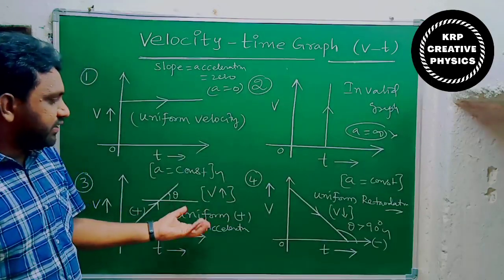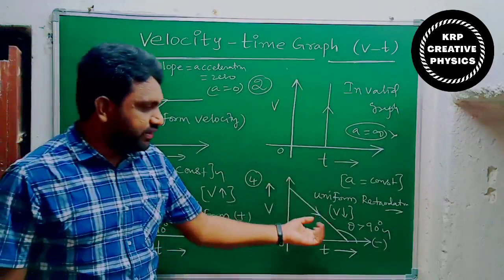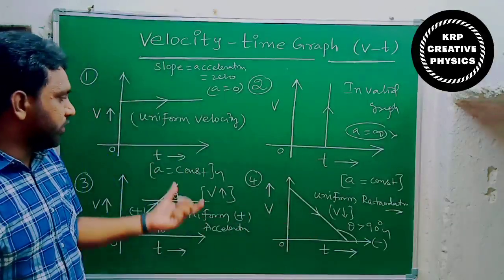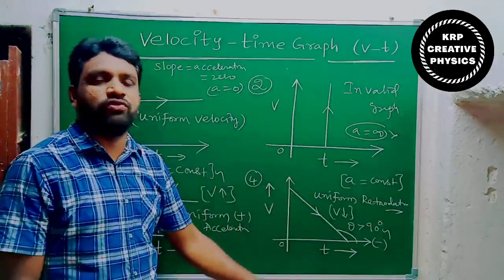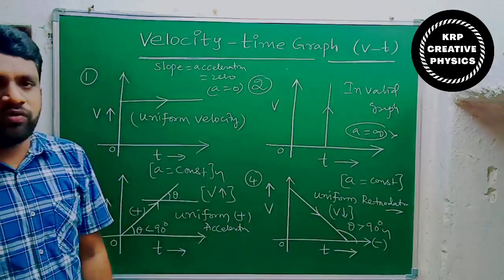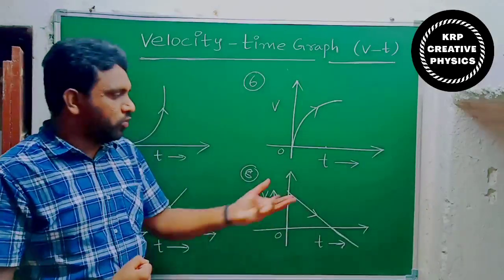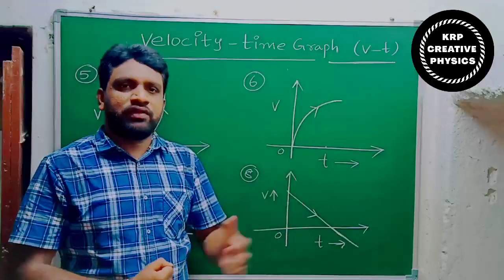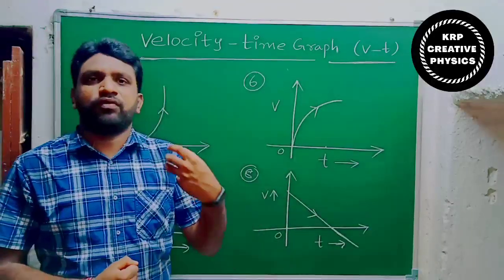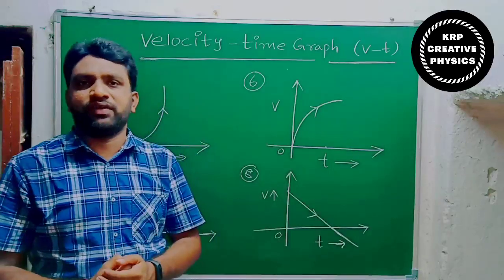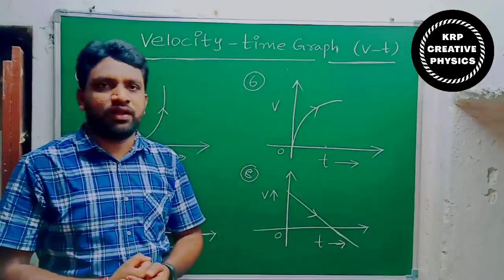In this graph, velocity is continuously increasing. In this graph, velocity is continuously decreasing. So it is acceleration, it is retardation. Both are uniform. So this is regarding these four graphs. After the completion of four graphs, we are going to learn four more graphs. Why I am explaining all these graphs is that they are very, very important for your competitive exams. That's why I am explaining all these things.